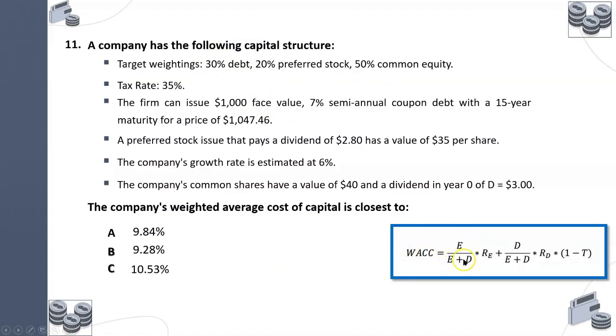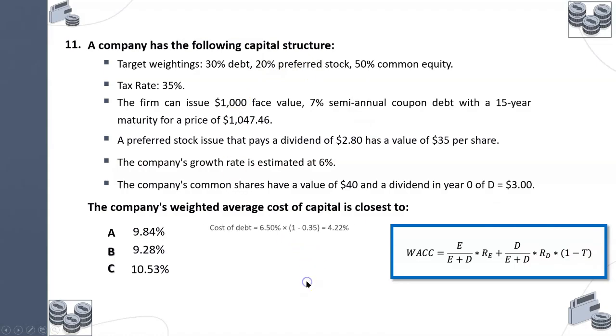Equity divided by both equity and debt will give the weight of equity times the return required by the equity holder, plus the weight of debt times the return required by the debt holder times the tax shield, plus in our case the preferred stock will come into play, plus the weight times the cost.